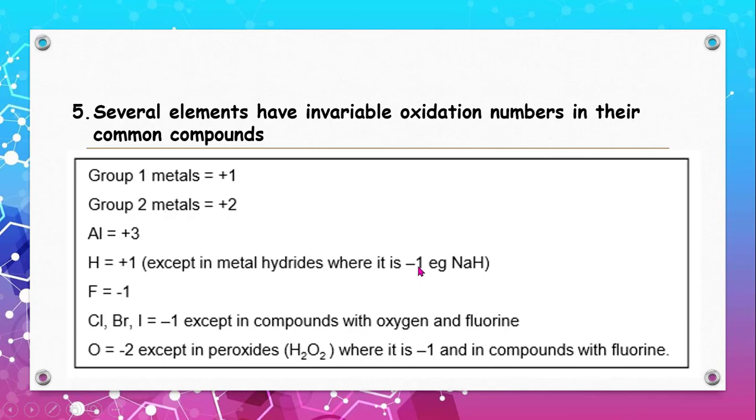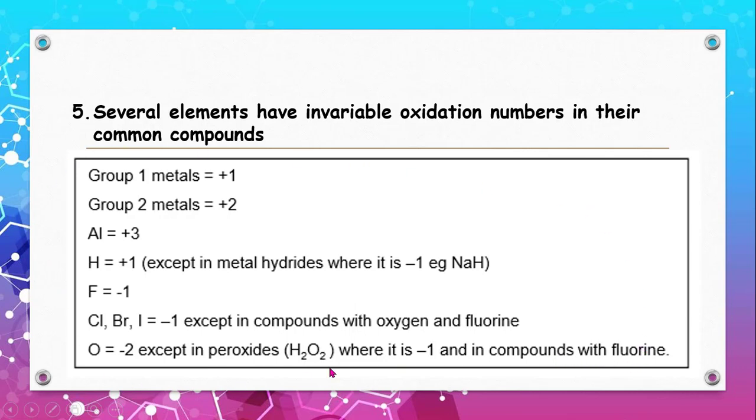It's -1. Fluorine is usually -1. Chlorine, bromine, and iodine are usually -1, except in compounds with oxygen and fluorine. Oxygen is usually -2, except in peroxides where it's -1, and in compounds with fluorine.